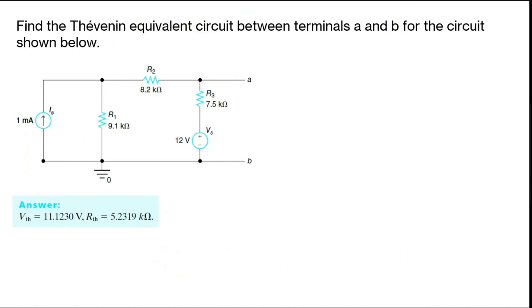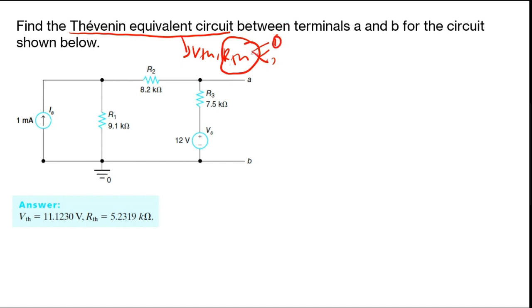Okay, so the first question is to find the Thevenin equivalent. So obviously, for the Thevenin equivalent, you need to find VTH and RTH. When you analyze the circuit, in order to find the RTH, what method do you need to use, because you have three methods, right?